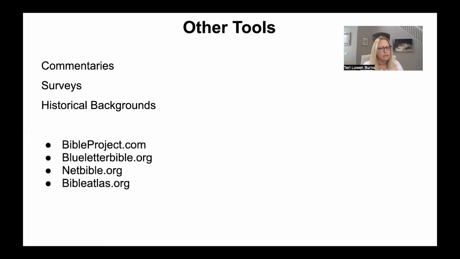I also want to say, in case I haven't, that if you don't have a Bible study Bible, I really recommend getting one. In the front of each book, it gives a wealth of information: the background, the culture, the author, when it was written, really important information to know.